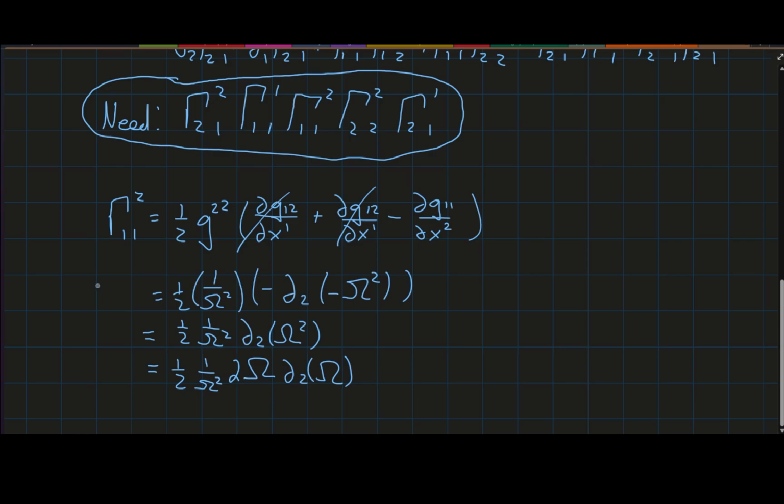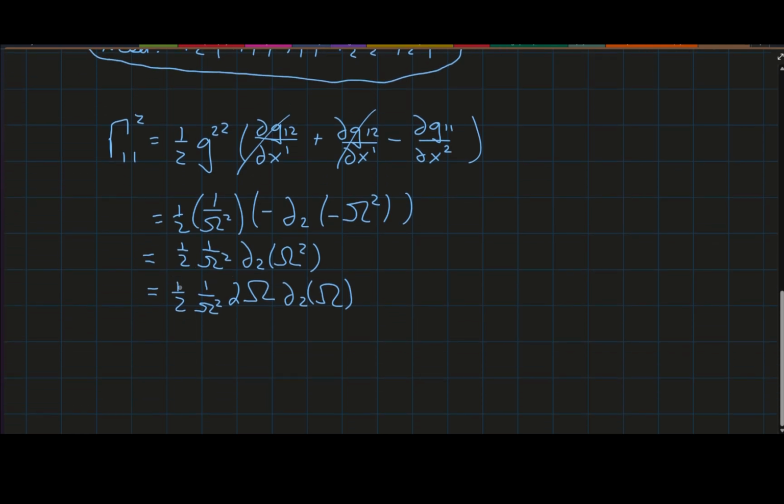So we're going to have some cancellations here. The 2's cancel, this omega cancels with the square in the denominator, and we end up with something like d2 omega over omega for this Christoffel symbol.